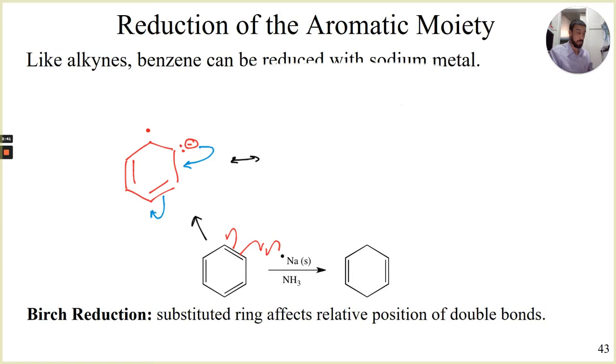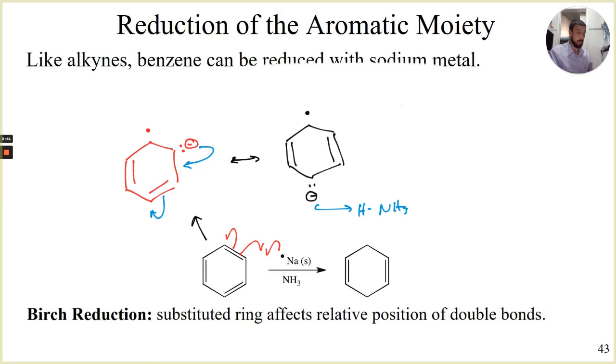The point of drawing this resonance structure is that we have now minimized the ability to restore aromaticity. By separating those double bonds away from each other, we've lost that conjugation, and now that anion can come out, pull off the hydrogen from our NH3, and thereby continue our reaction.